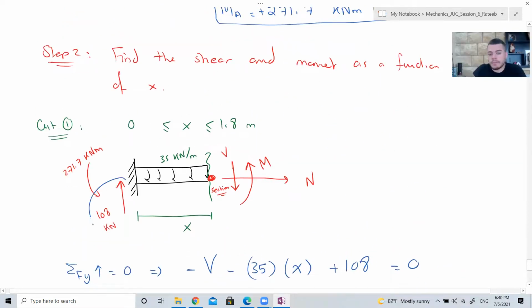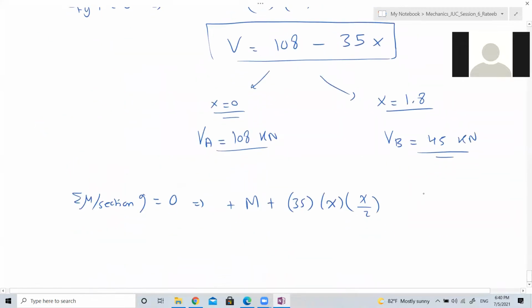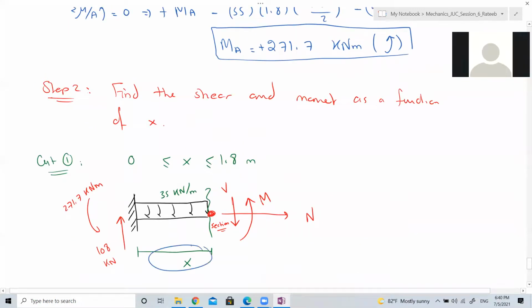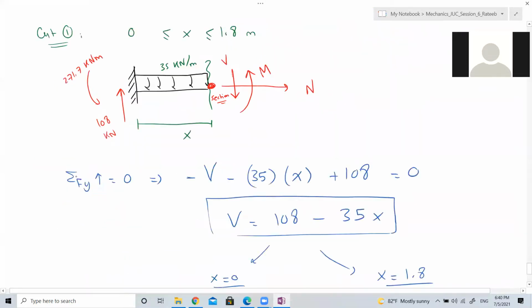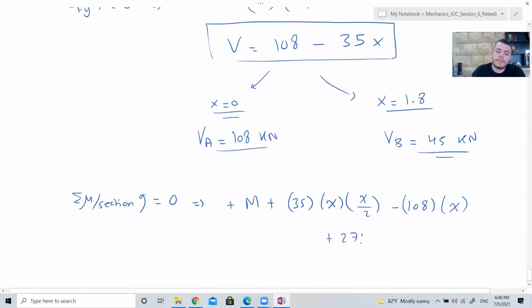What about this one, plus or minus 108? Minus. Minus 108 times x. And this one is plus 271.7.